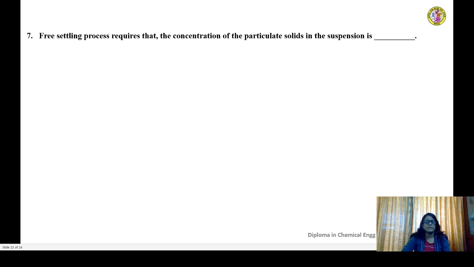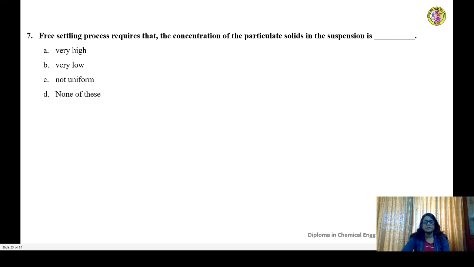The last question, the seventh one: the free settling process requires that the concentration of the particulate solids in the suspension is dash. Is it very high concentration, or very low concentration, or is it having a uniform or not uniform concentration? Or if you have some other term for it which is not shown in the first three options, you are supposed to decide to answer this particular question correctly.